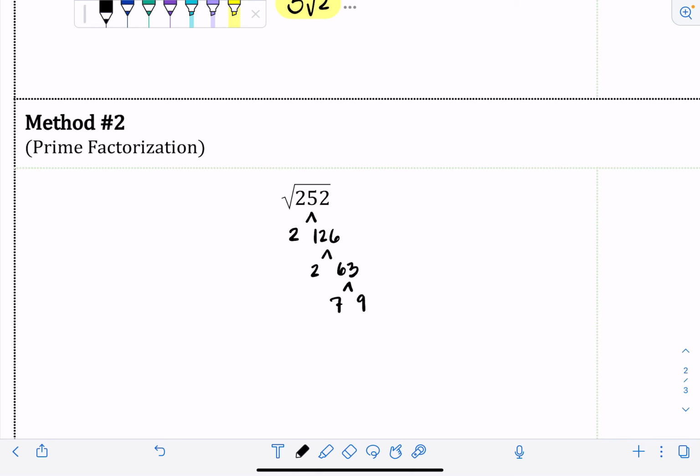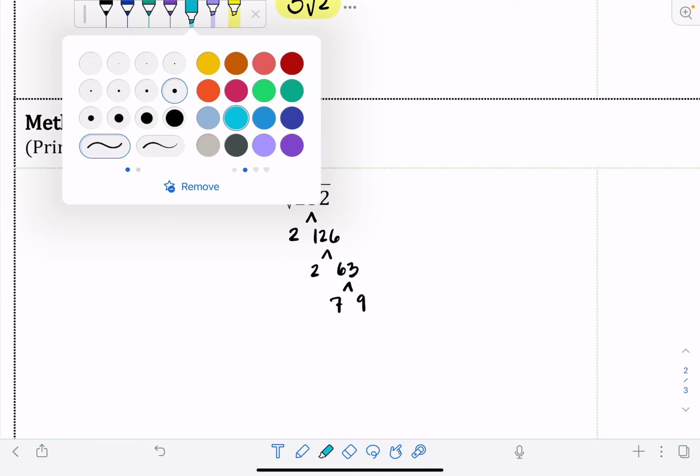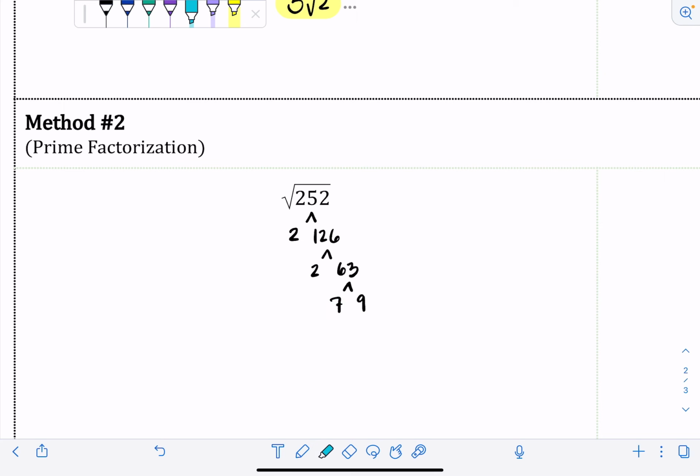You just have to pick two numbers that multiply, so for 63, I could do 3 times 21, but 7 times 9 was the first thing that popped into my head. And then 7 is prime, so we're done there. And I'm going to break my 9 down into 3 times 3, and those are both prime, so those are finished.